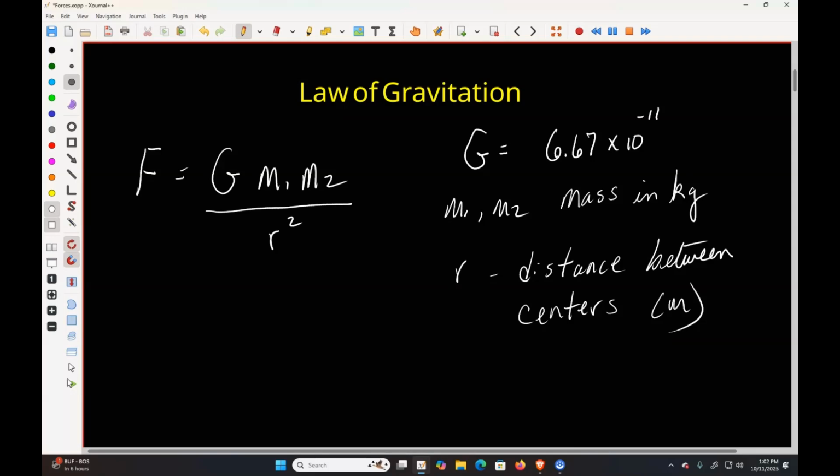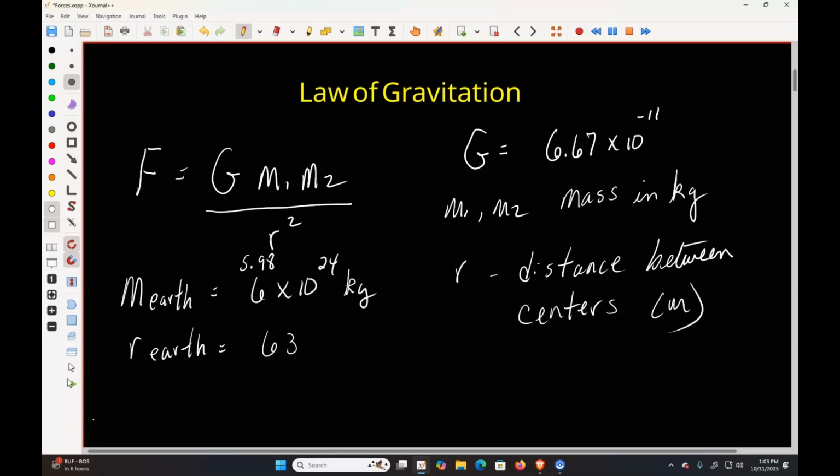Oftentimes, you will need the mass of the Earth, 6 times 10 to the 24th kilograms, or you can say 5.98, whichever you like. The radius of the Earth is 6,370 kilometers, so you have to convert that into meters, of course.